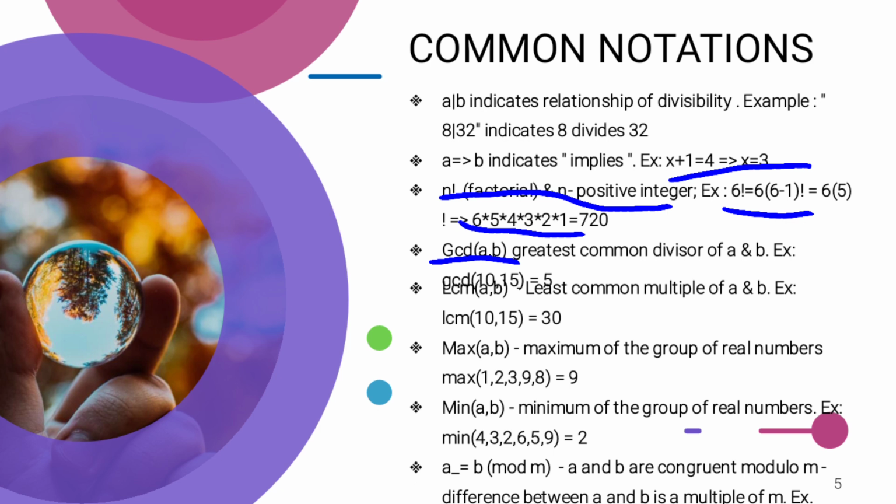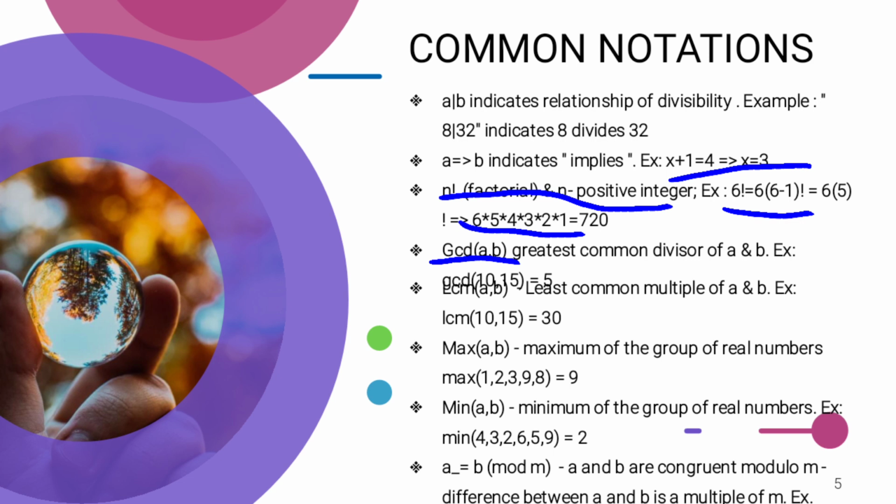Next, maximum of a comma b. It indicates the maximum of a group of real numbers. Max of a comma b selects the number which is the maximum of the given set of numbers. For example, max of 1, 2, 3, 9, 8 is obviously 9, the biggest number in the group of real numbers.